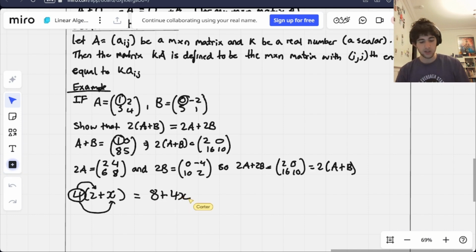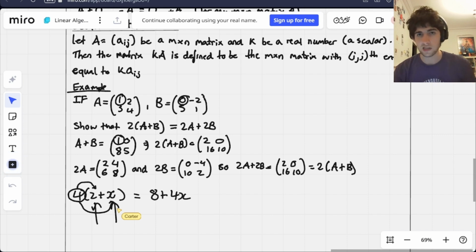And I guess the question is, is that always true if instead of real numbers, these two things are matrices? Well, yes it is, because remember, we've just defined everything to do with matrices in terms of its entries, and those entries are defined to be real numbers. So everything that works for real numbers is so far also going to work for matrices.